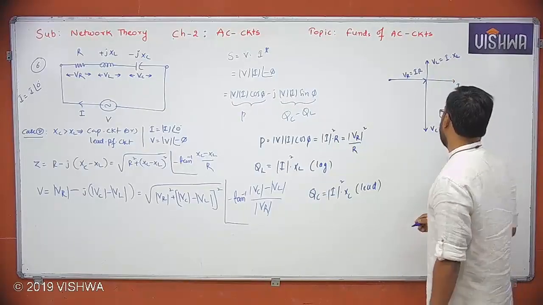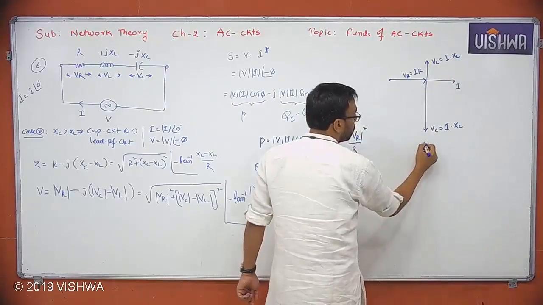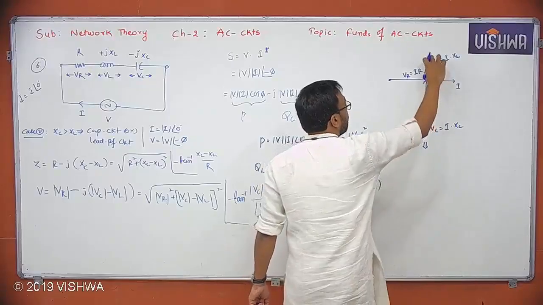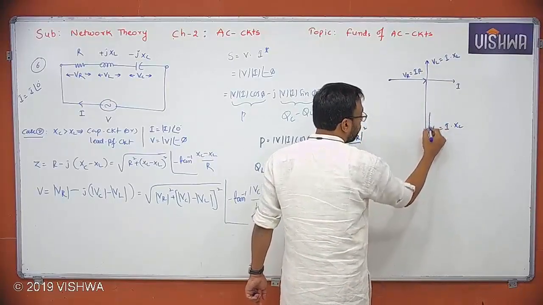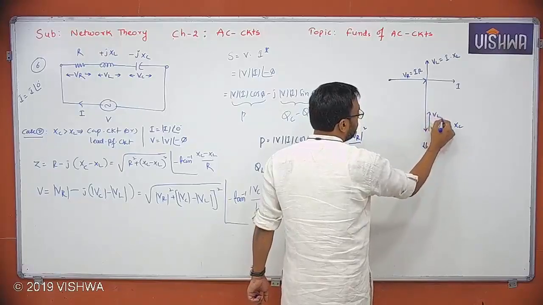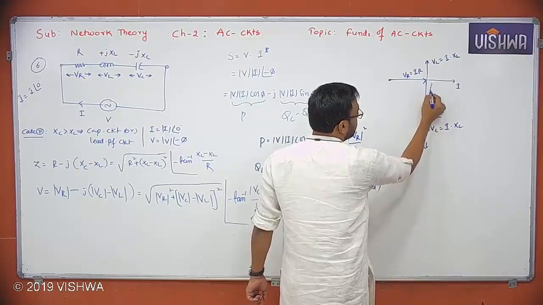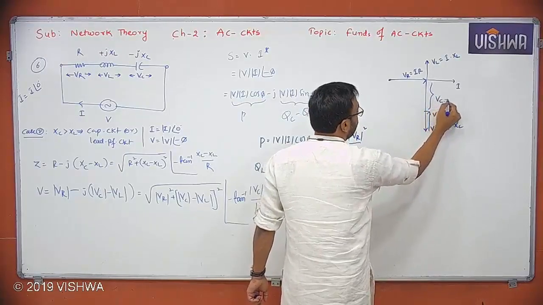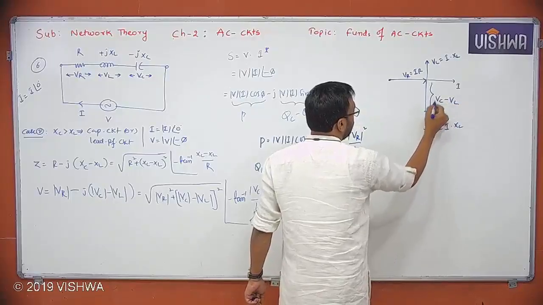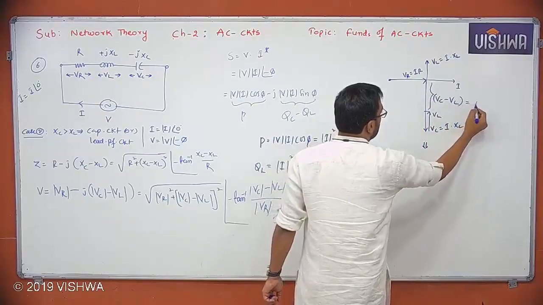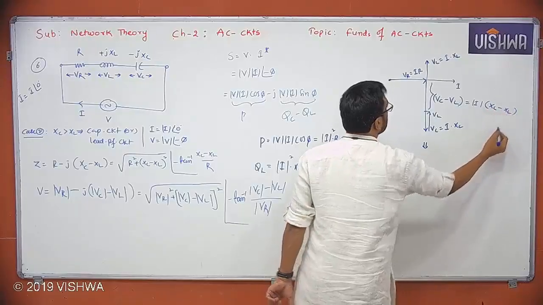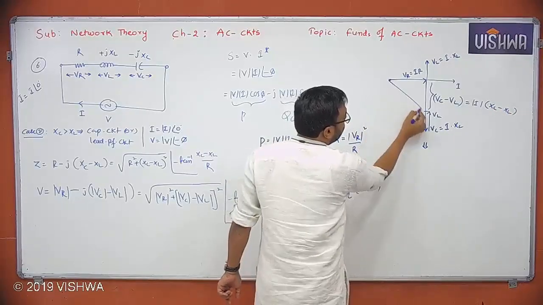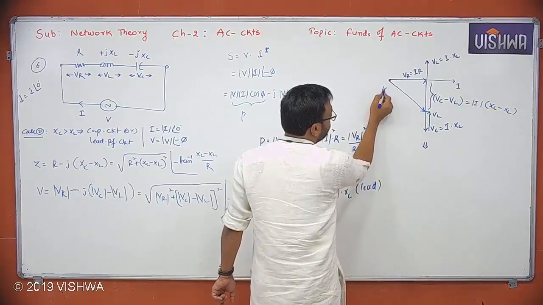From this, we get this VL must be added at the tip of VC. Then what do you get here? This is VL. So this result is VC minus VL. Yes or no? Nothing but I into XC minus XL. Yes or no?